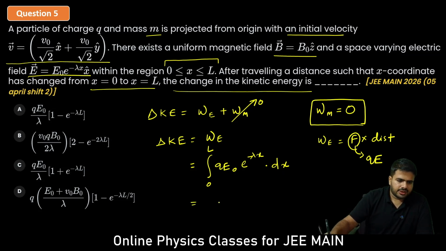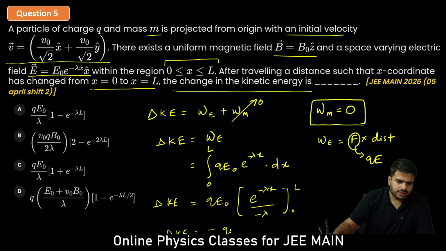Okay. So if you solve further, how much change in kinetic energy are you going to get? Q into E naught is constant, take it out, and e to the power minus lambda x by minus lambda is the integration value from 0 to L. So change in kinetic energy we can write as minus Q into E naught by lambda into, if you substitute the values, upper limit minus lower limit, e to the power minus lambda L minus e to the power 0.